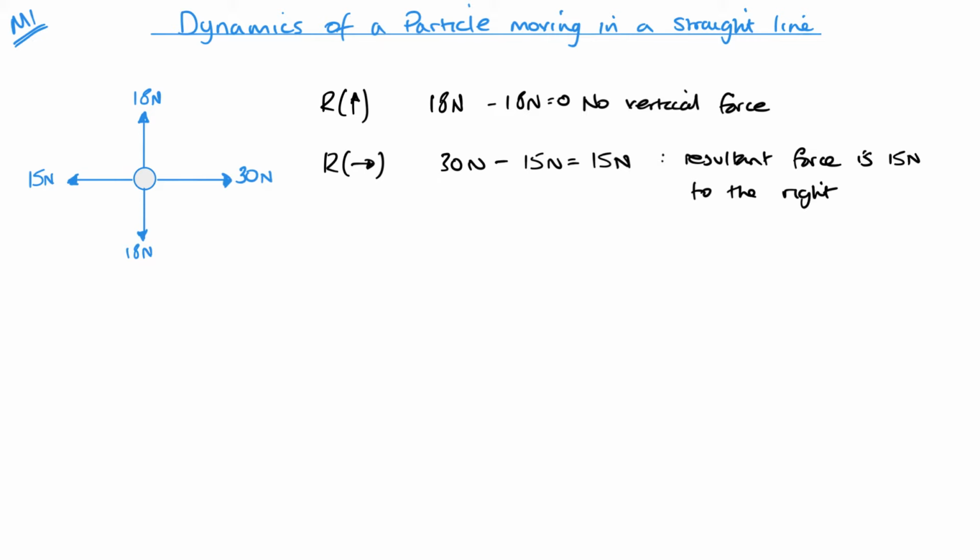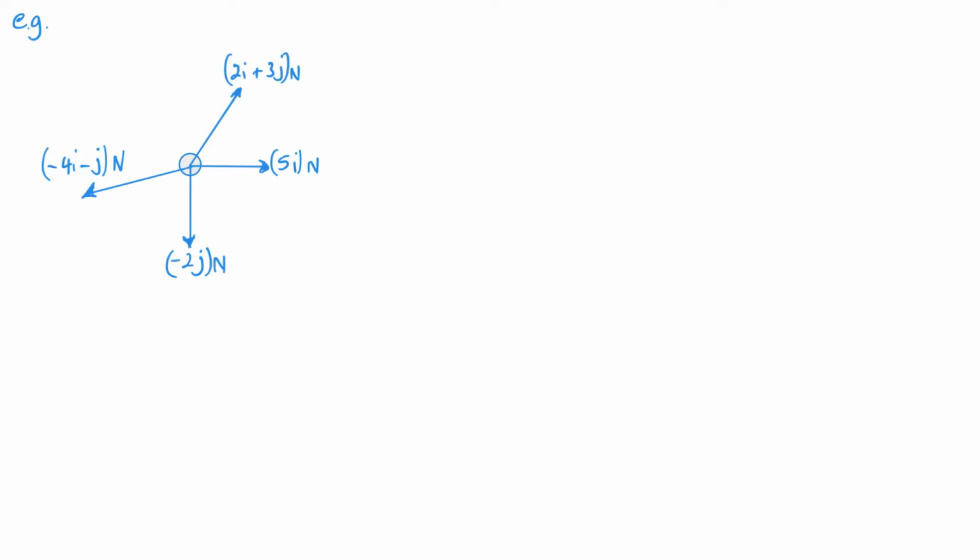Nothing too difficult here. Now, as well as these more straightforward forces, sometimes we might have our force as a vector. So imagine we have a series of vector forces acting on a particle. Here I've just done a very quick diagram. All my vector forces are made up of i and j.